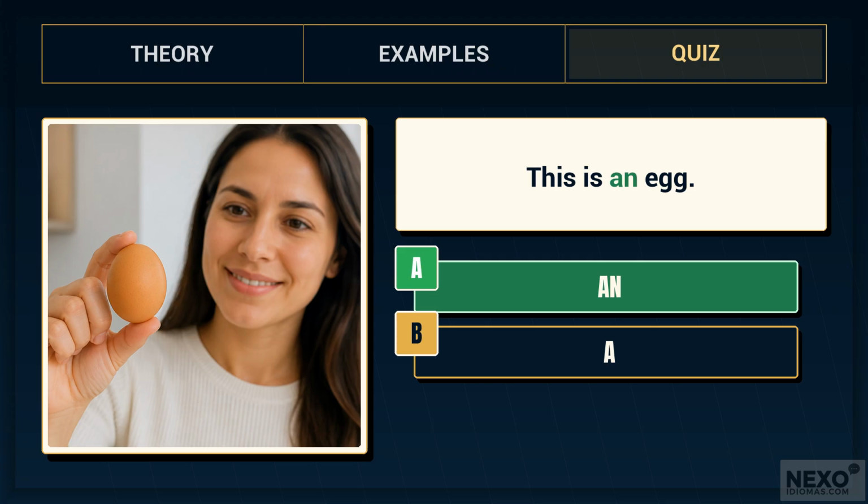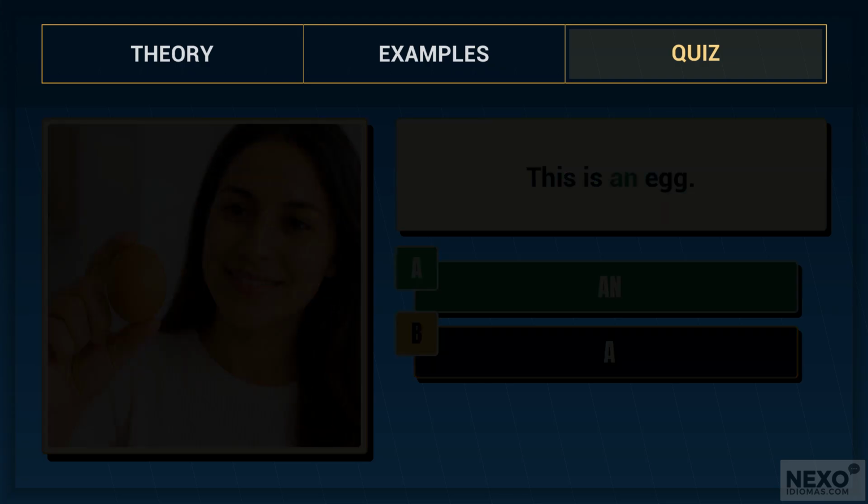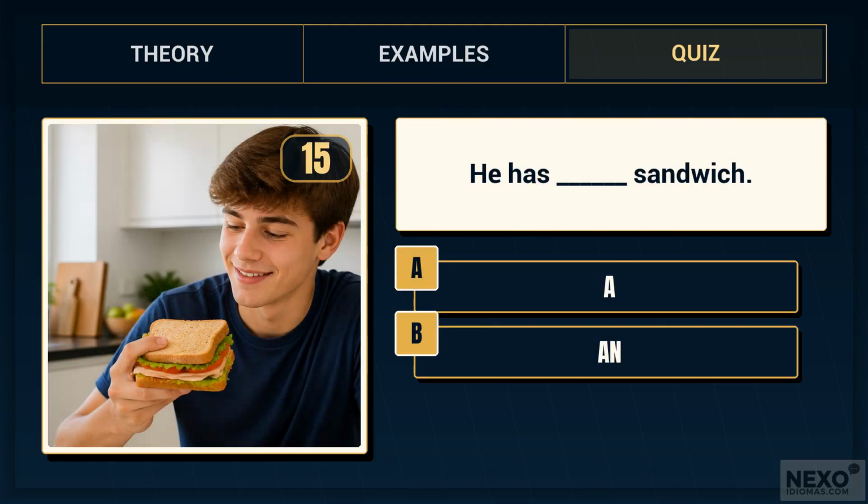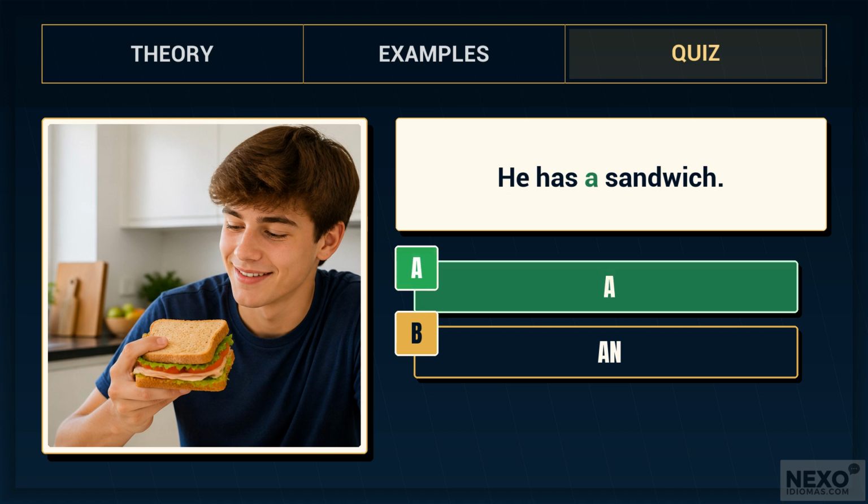An. This is an egg. Choose an option. A. He has a sandwich.